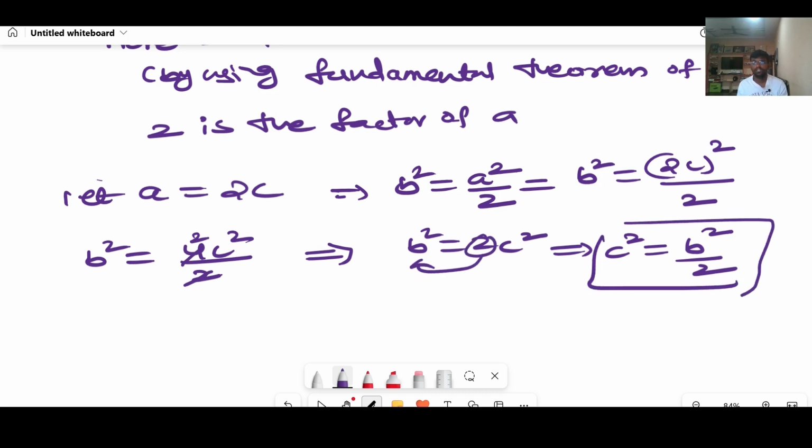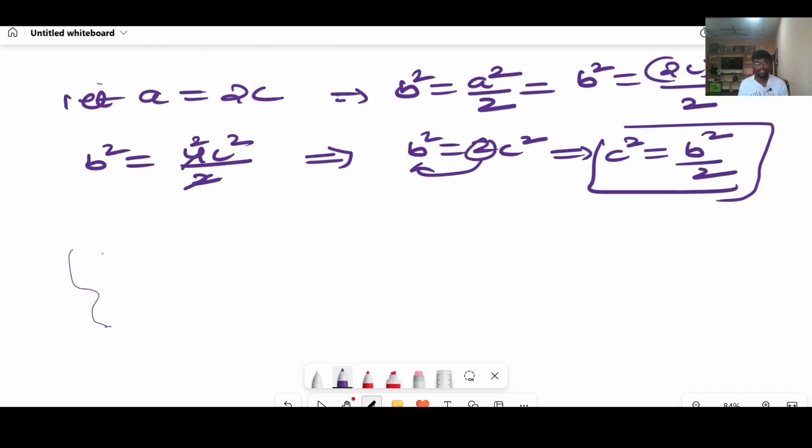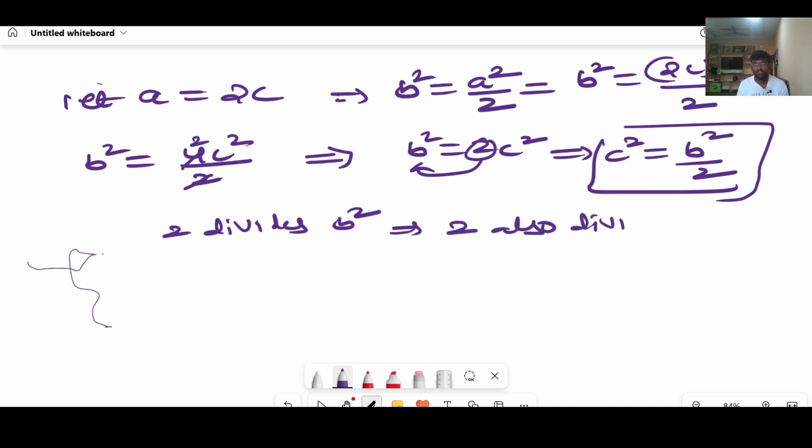And here we can say that b square is divided by 2, or otherwise 2 divides b square. That means 2 also divides b, by using the fundamental theorem of arithmetic, which we have discussed in the earlier cases.